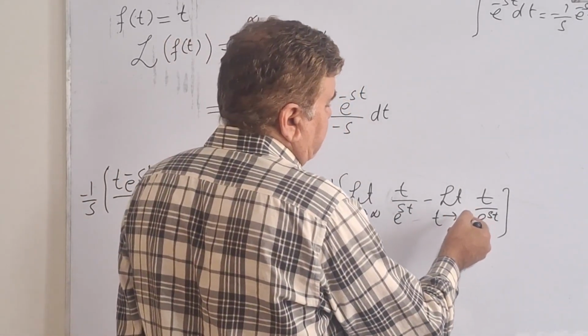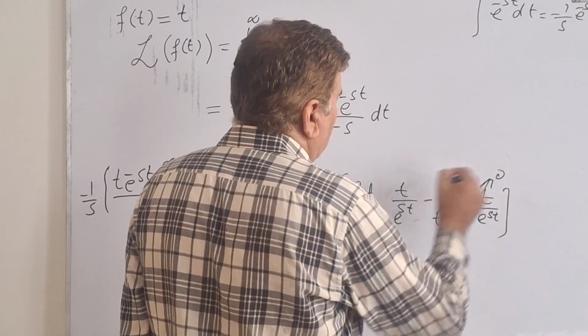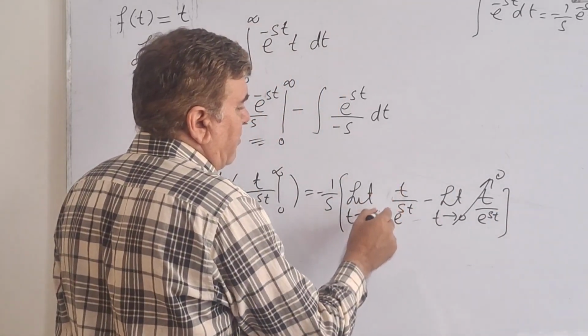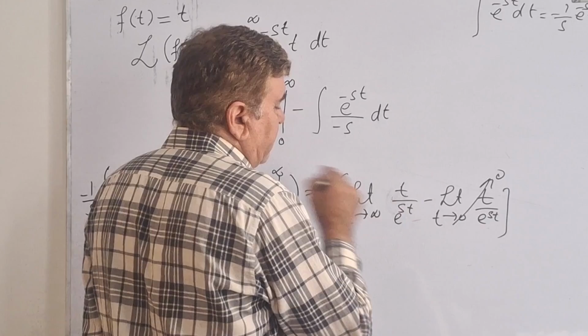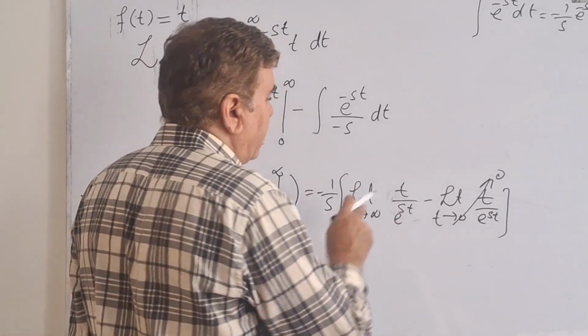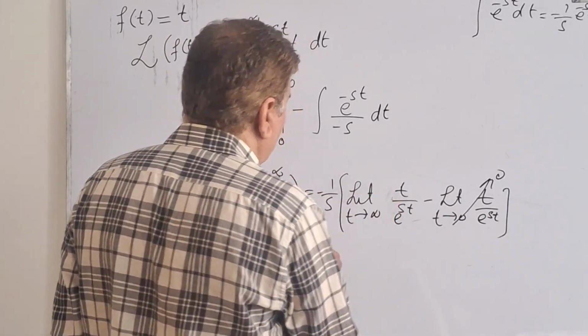So this limit, if I put this limit goes to 0, but this limit is in the form of infinity by infinity, so an indeterminate form. Therefore I apply L'Hopital's rule on this.